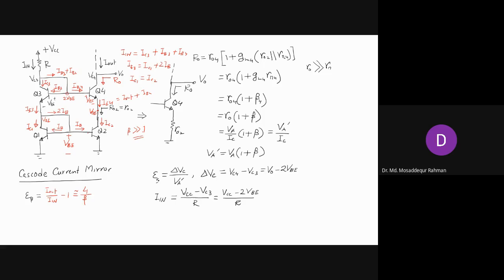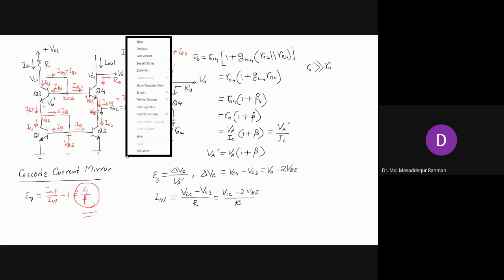So all the base current is basically coming from this I in. So the error is now 4 by beta. The error is worse. That is the downside, the drawback, for this cascode current mirror.